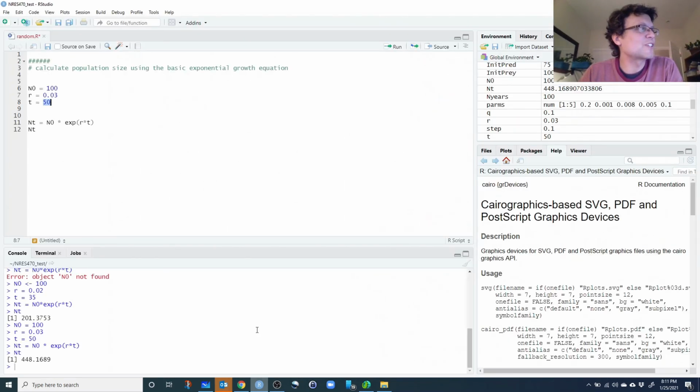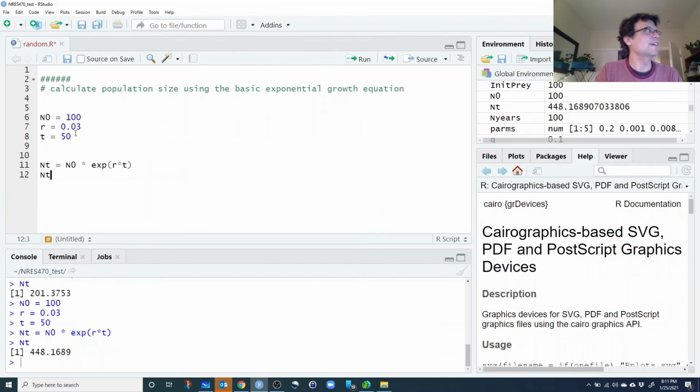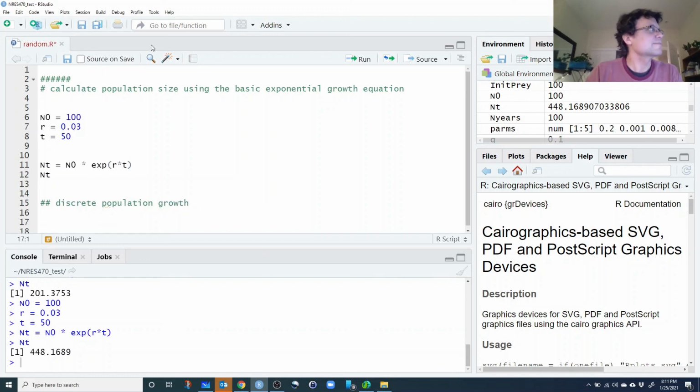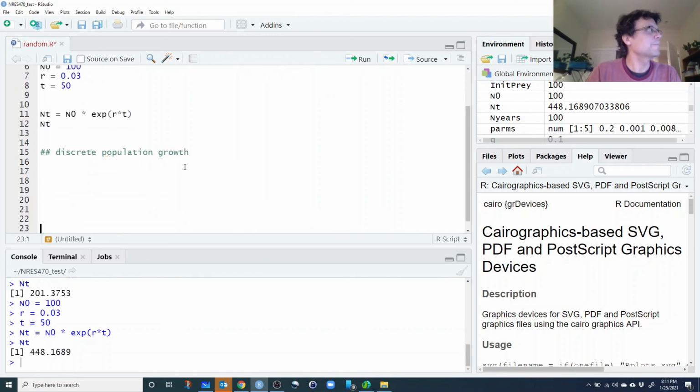And let's just quickly go into R and run through the discrete population growth. All right. So again, we need the initial population size, n0 equals 100.